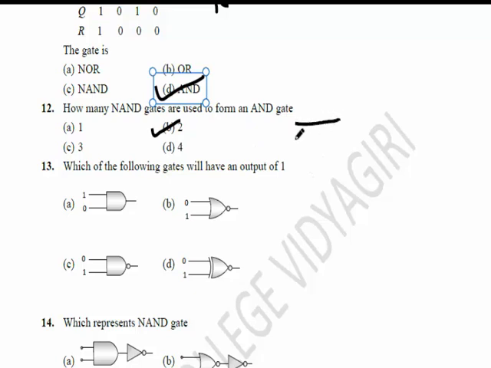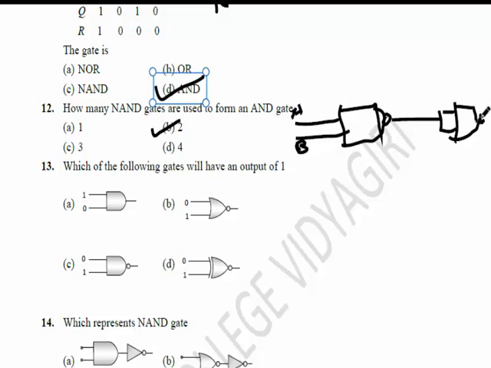See here, I will draw the picture. This is one NAND gate, with inputs A, B. Again, this is a NAND gate. So 2 NAND gates will make one AND gate, means B.